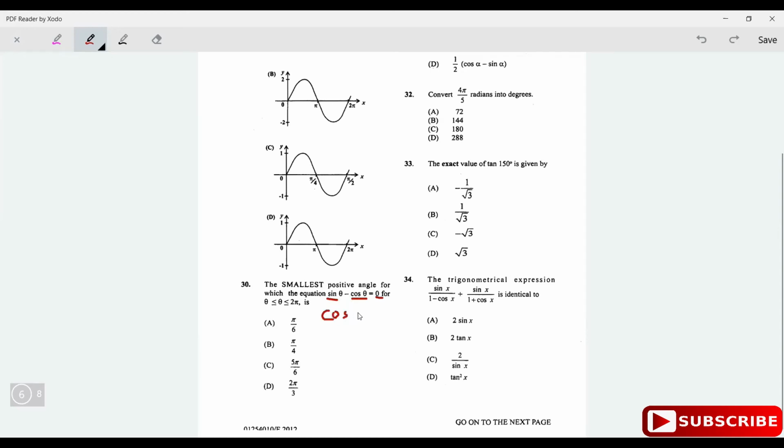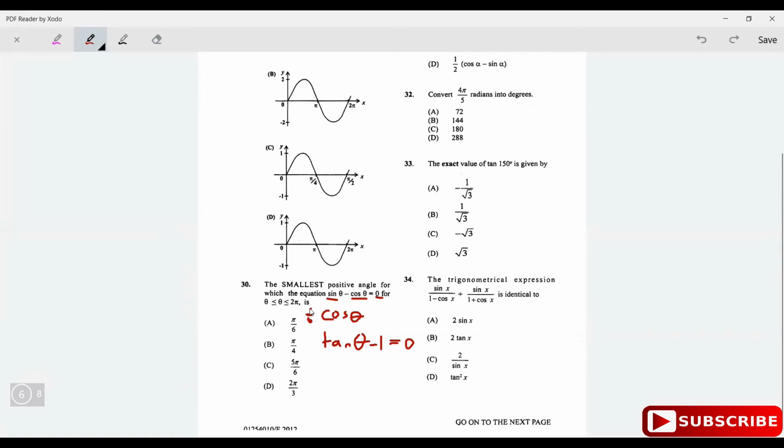Sine over cos theta is tan theta. Then cos theta over cos theta becomes minus 1. And 0 divided by cos theta is equal to 0. So that's all I did, divide by cos theta.